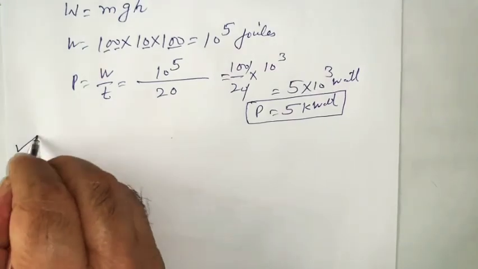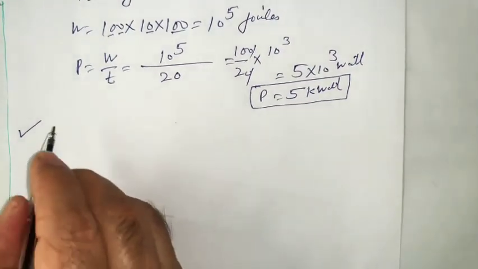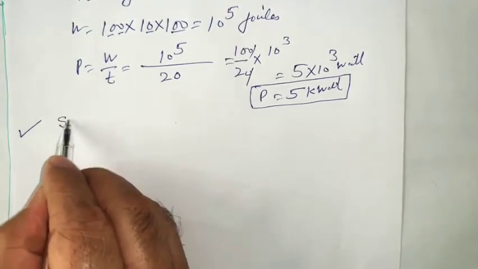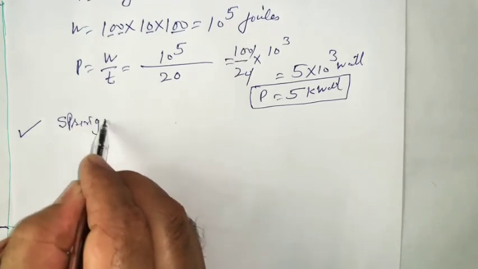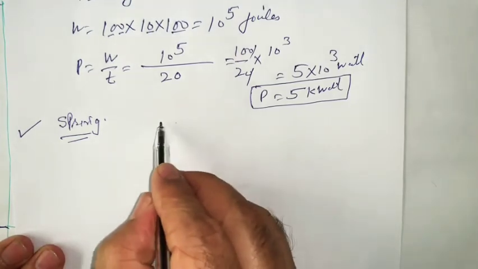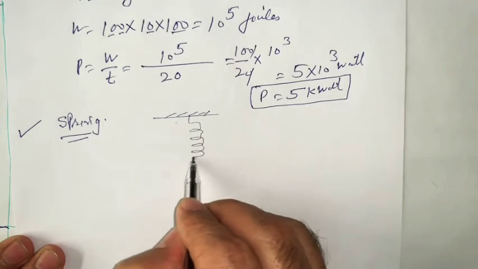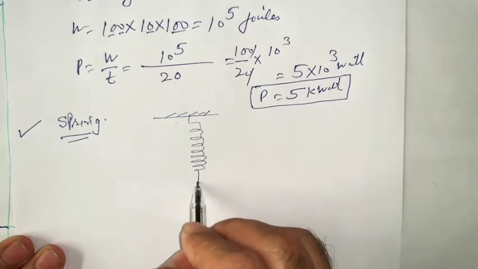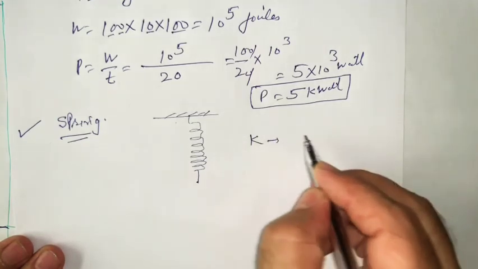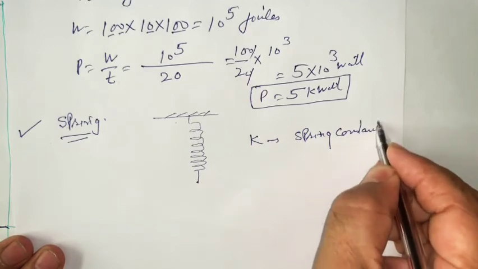Now, next is about spring. Suppose this is a spring. Every spring has its spring constant denoted by K. K is known as the spring constant.